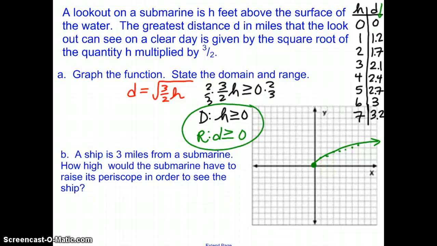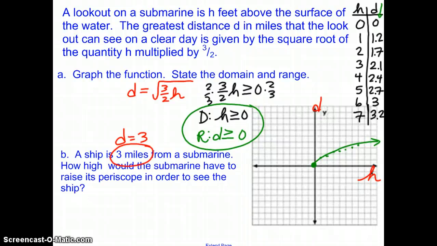We've just done them like we did the last two. For part B, a ship is 3 miles from a submarine. How high would the submarine have to raise its periscope in order to see the ship? This tells us that distance is 3 miles. This is like our h-axis. This is our d-axis or distance axis.